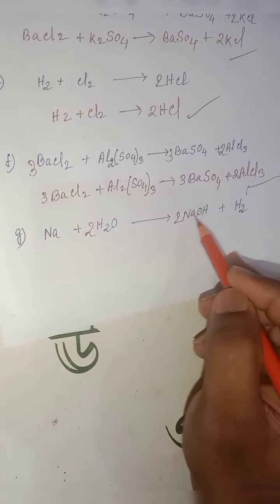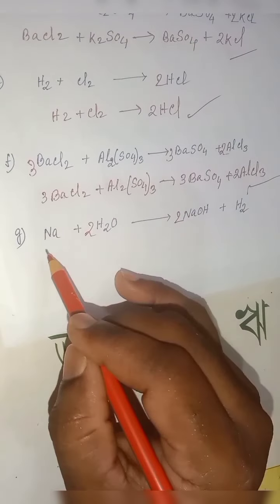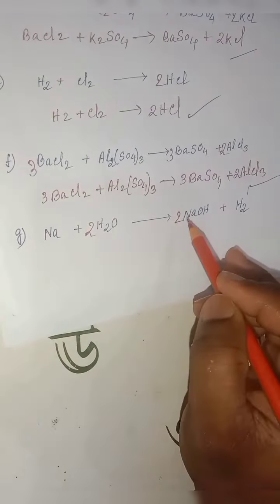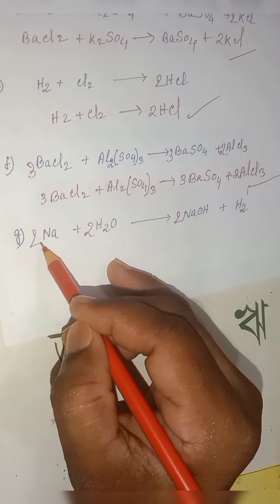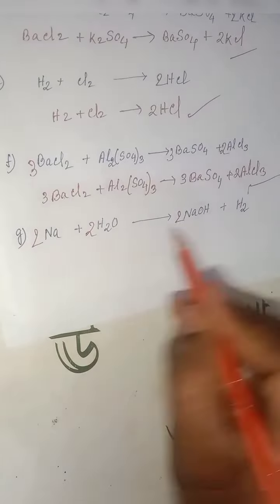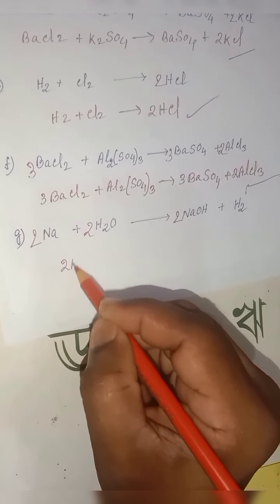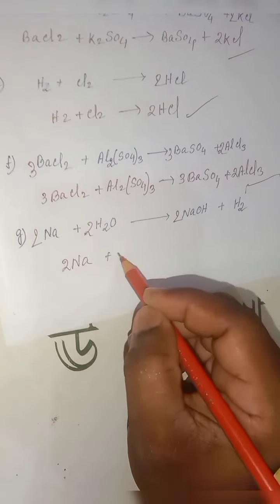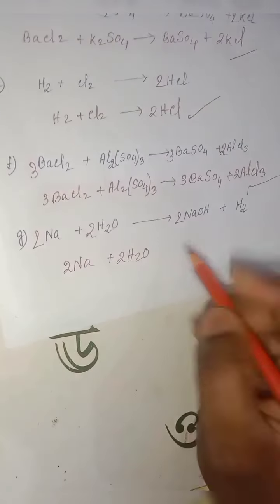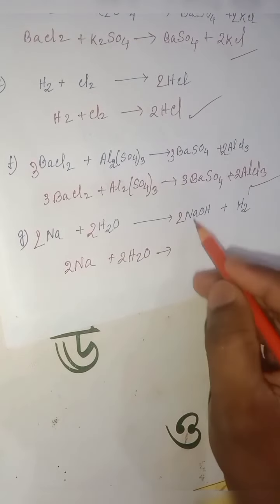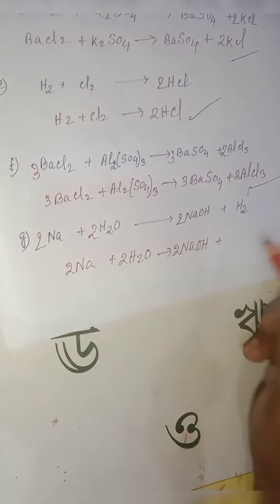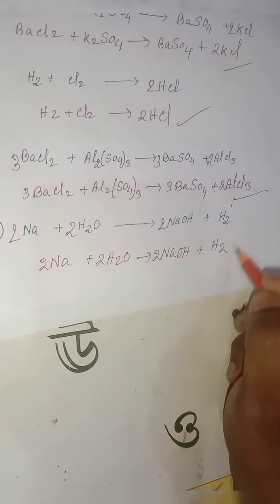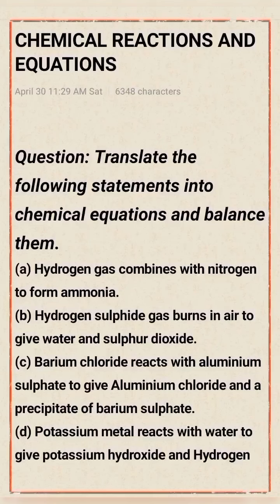Sodium on the left hand side is 1 but on the right hand side 2, so multiply by 2. All is balanced. That is the balanced equation 2Na plus 2H2O from the products 2NaOH plus H2. Okay.